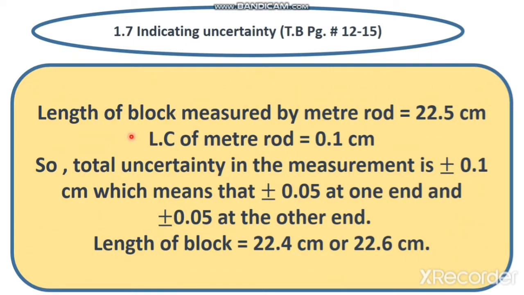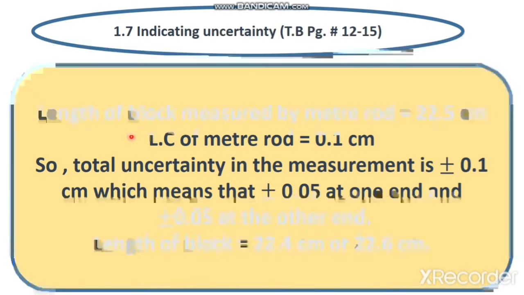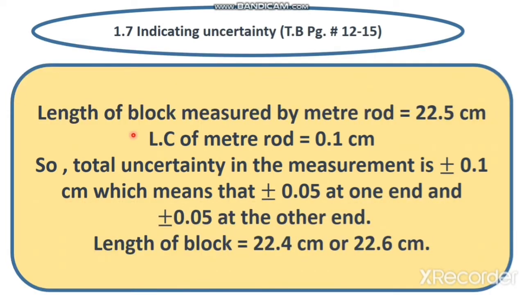Let's consider an example that we have measured the length of a block as 22.5 centimeter, and the least count of the meter rod is 0.1 centimeter. Remember that the least count is equal to absolute uncertainty. Absolute uncertainty in any measurement is equal to the least count of that instrument.